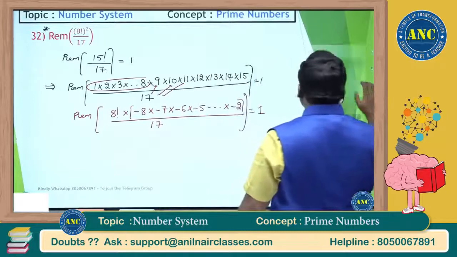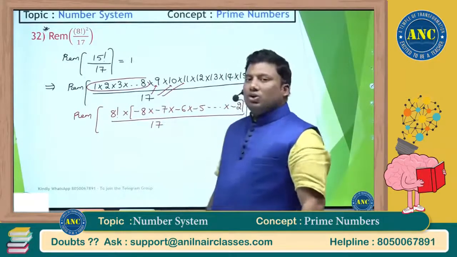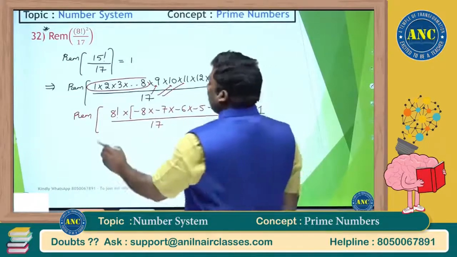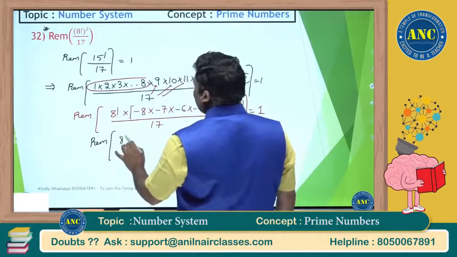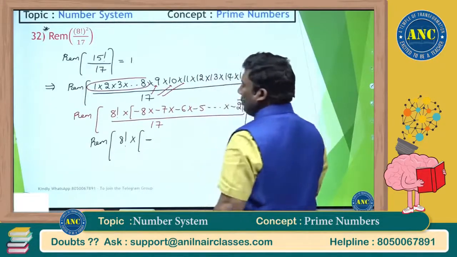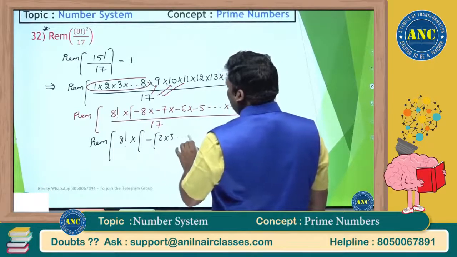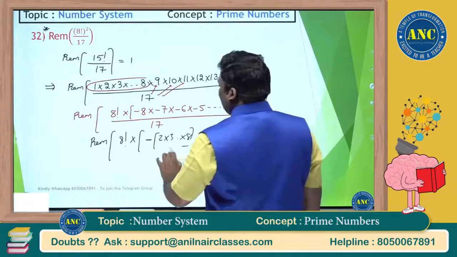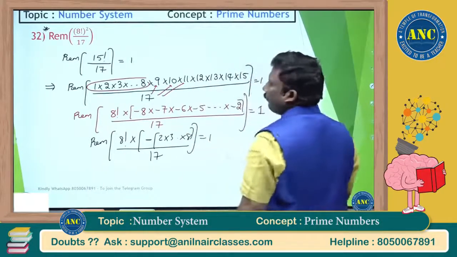Now see here, listen carefully. Just a question twisted. From 2 to 8, there are 7 negatives. 8 factorial into 7 negatives, it is negative: minus 2 into 3 till 8, divided by 17, it is 1.